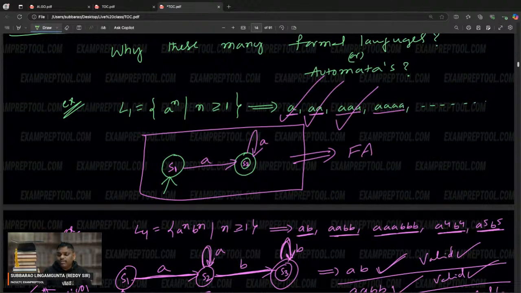For every small problem, I cannot use the bigger machine. For a small thing, why should I use a Turing machine? For a small thing, go for regular. A little more complex, go for PDA. A little more, go for LBA. If you think the problem is complex, then go for Turing machine.